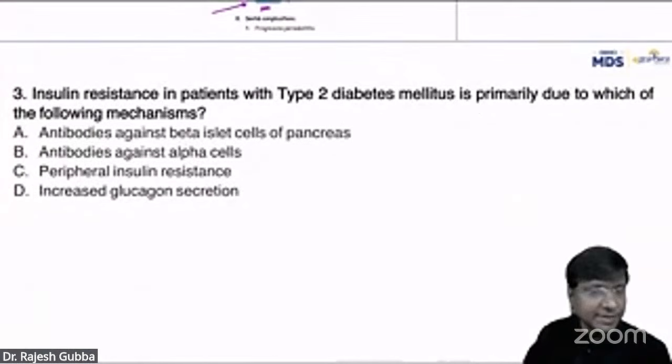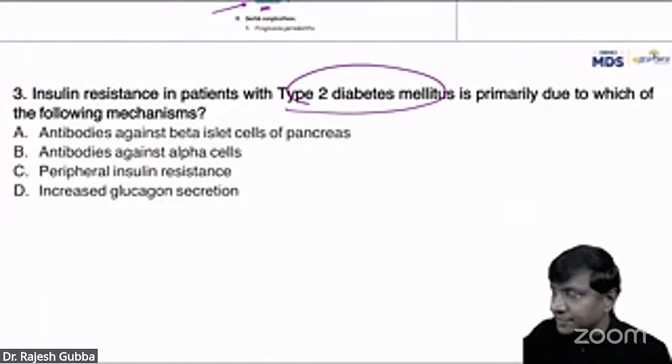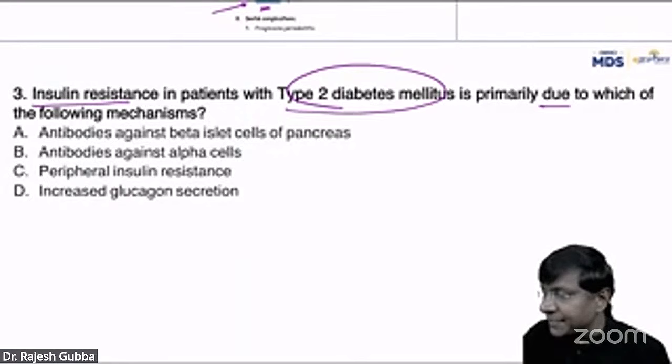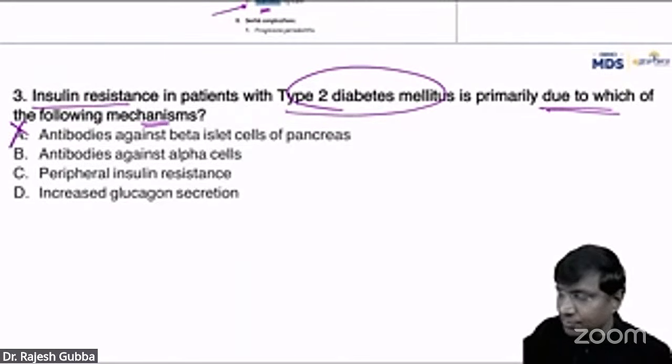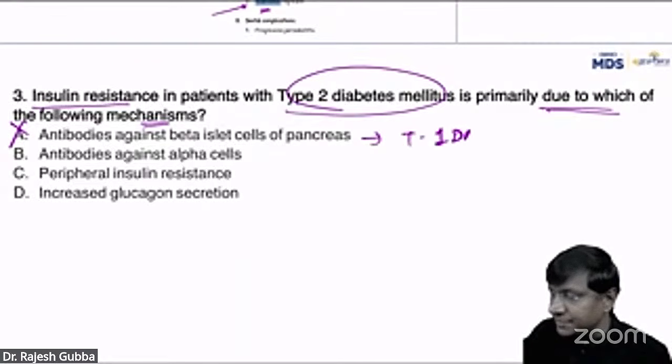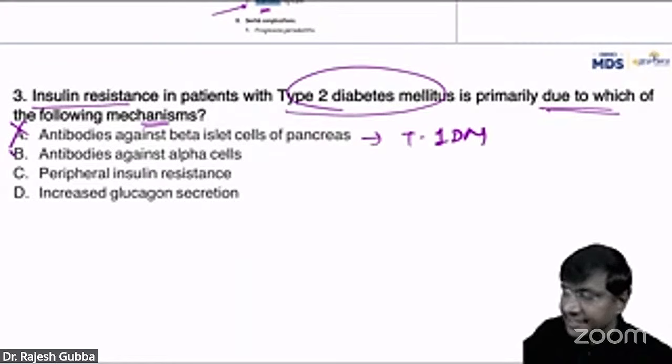Now, moving on to the next question. In type 2 diabetes mellitus, insulin resistance is primarily due to which of the following mechanisms? Antibodies against beta cells are observed in case of type 1 diabetes mellitus. Antibodies against alpha cells are not observed in diabetes mellitus.